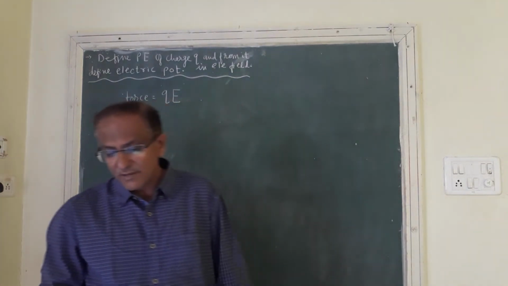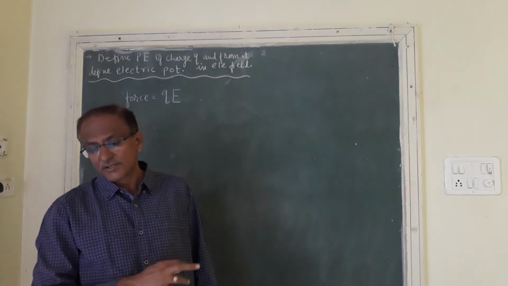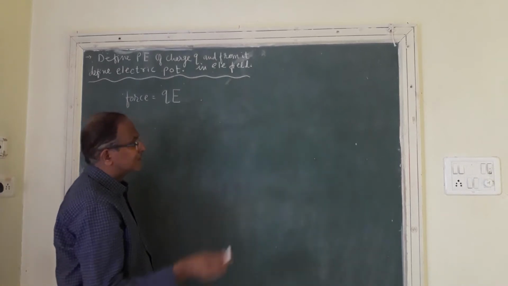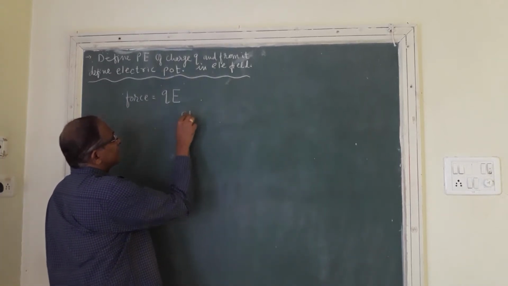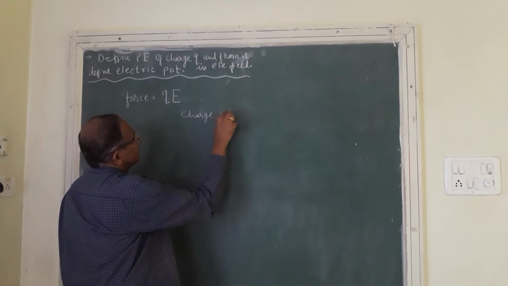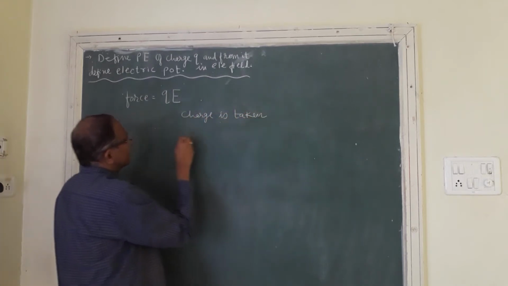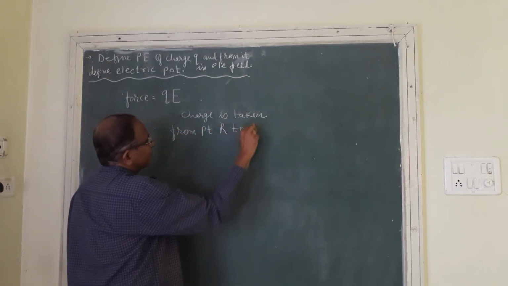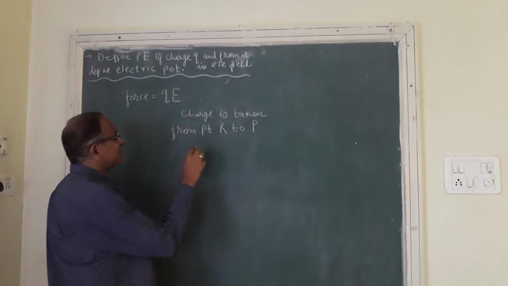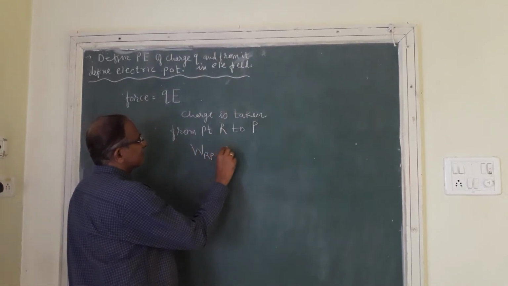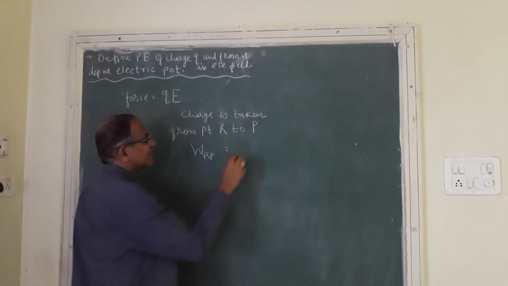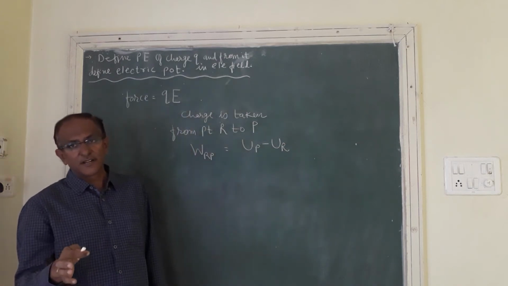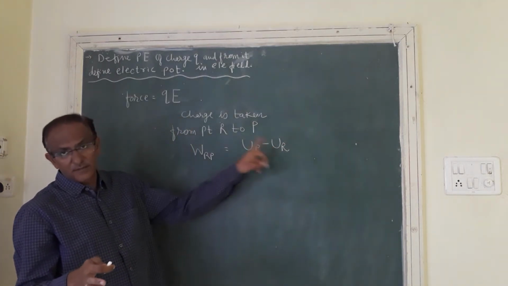So here, work done by the external force in bringing unit positive charge, as we discussed yesterday, is that the charge is taken from point R to point P. Then that work done W_RP is equal to U_P minus U_R, that is final potential energy minus initial potential energy.